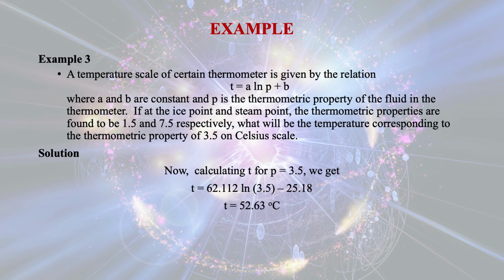Once you get the values of A and B, put them in the main equation. So the main equation comes out to be T is equal to 62.112 ln P minus 25.18. Just put the value of P, that is 3.5, and finally you get T is equal to 52.63 degrees centigrade. So in this way we can solve these problems.